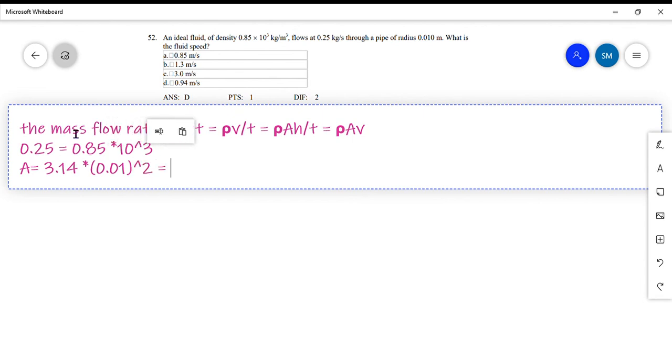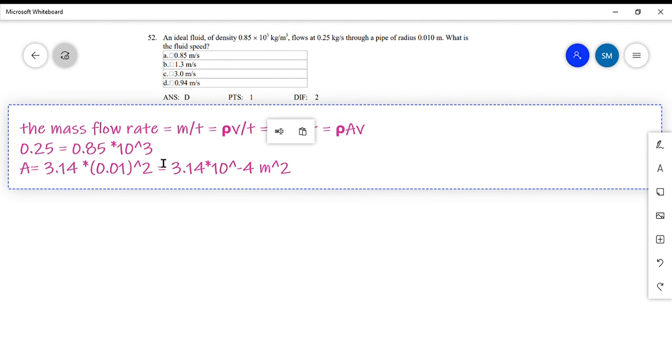So we will put it here. The answer of the area will be this number, 3.14 times 10 power negative 4 meter squared. I forgot to write the unit.